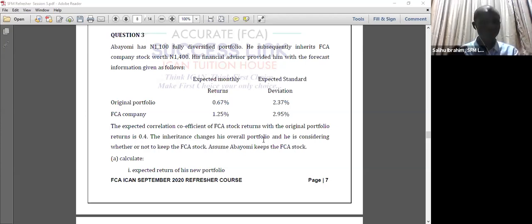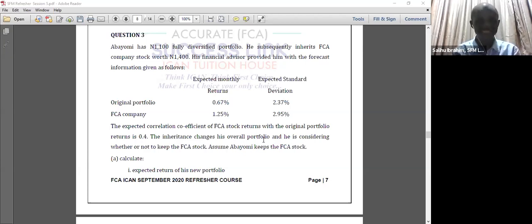For the FCA company, the return on the investment is 1.25% per month, while the standard deviation is 2.95%. The expected correlation of FCA stock return with the original portfolio return is 0.4.